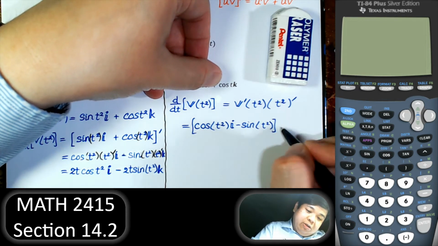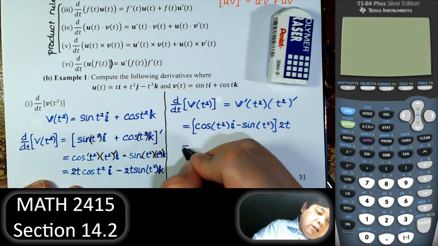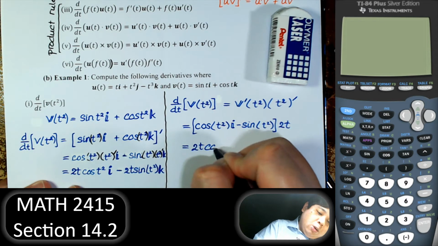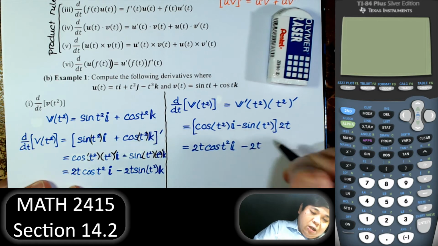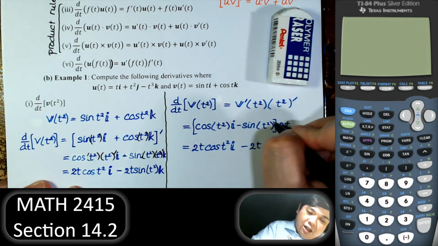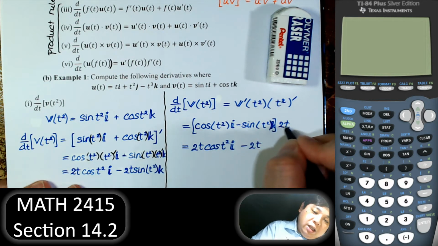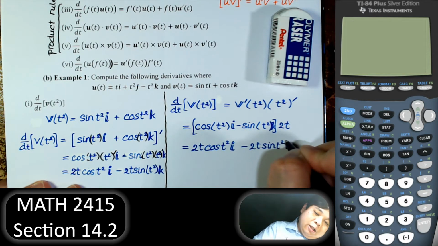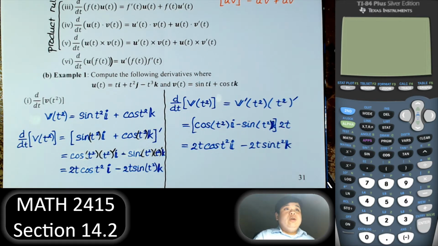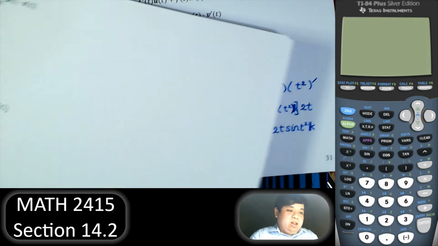And then we take the derivative of t squared, which is 2t. Because if we multiply it out, we have 2t cosine of t squared i minus 2t. Oh, I forgot the k here. And then minus 2t multiplied by sine of t squared k. Right, so that's really how it works. Sometimes I just prefer to do it like this. It is a lot easier.